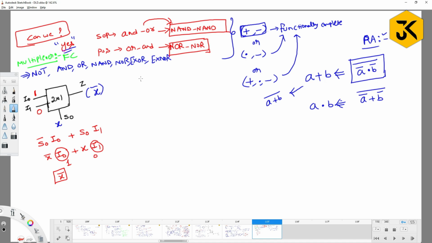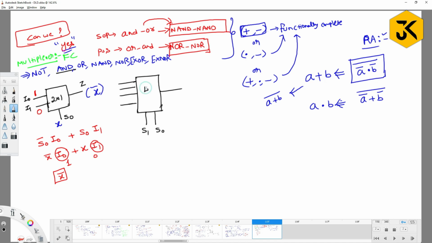for example, if I have an AND gate, how do we prove that we can achieve it with the help of a multiplexer? AND gate requires how many inputs? How many select lines? 2 select lines are there. If I have 2 select lines, how many inputs are there? 4 inputs.